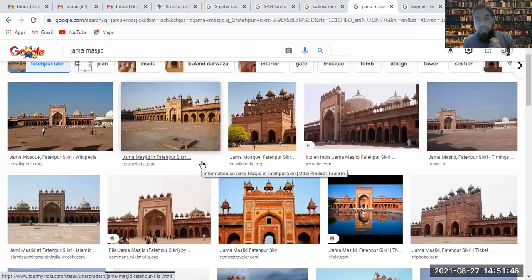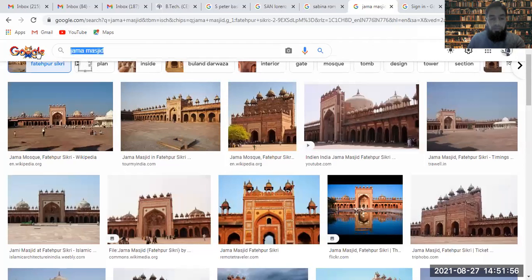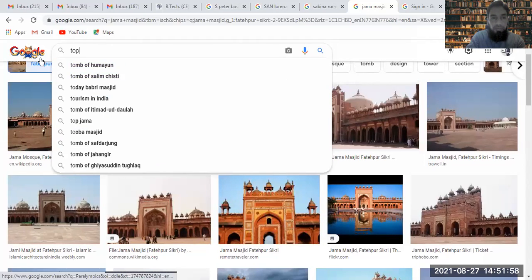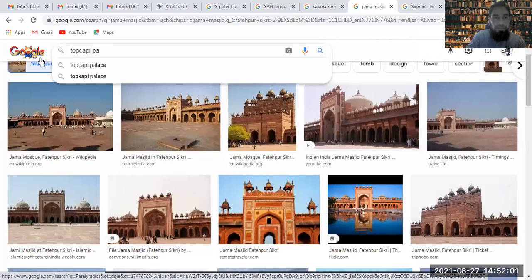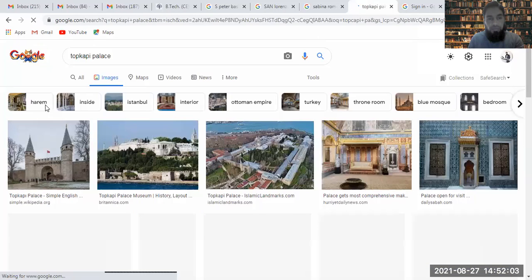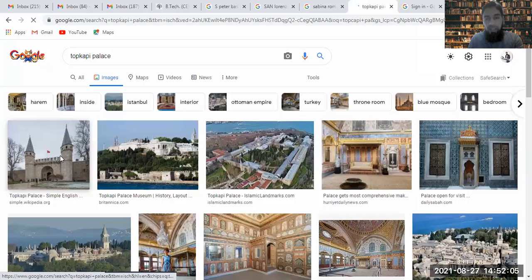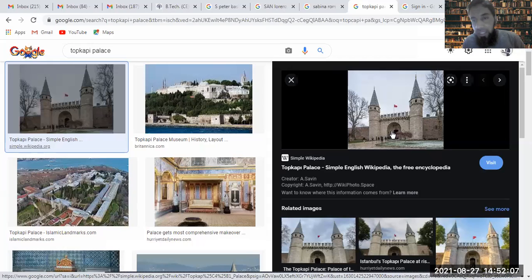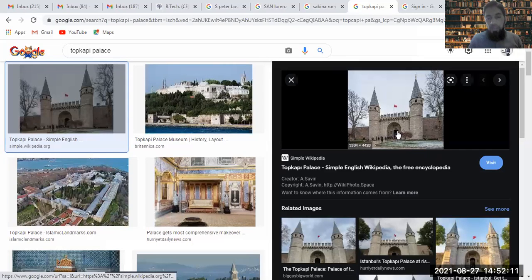Now Turkish architecture is actually the architecture of the Romans and its continuation. So all the palaces there, now this is the Topkapi Palace, one which has got the wall design at the entrance.